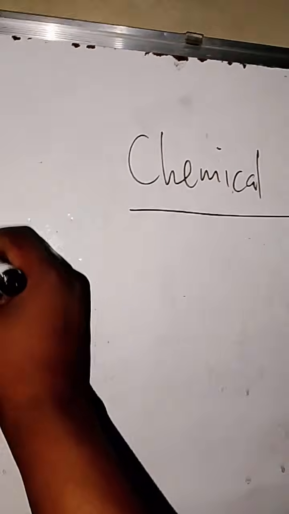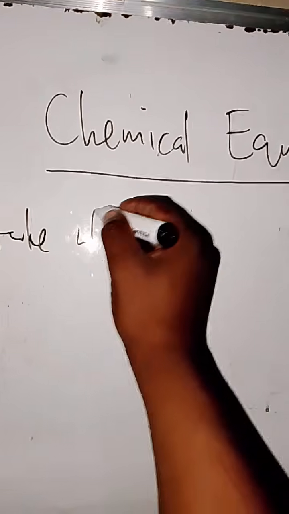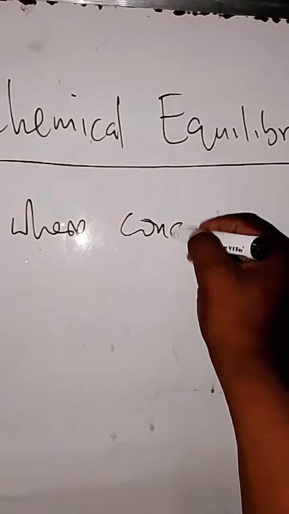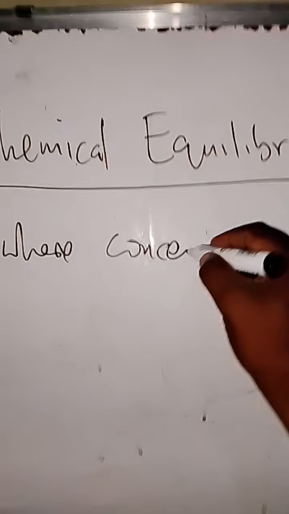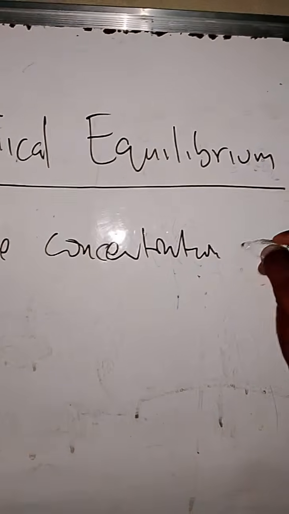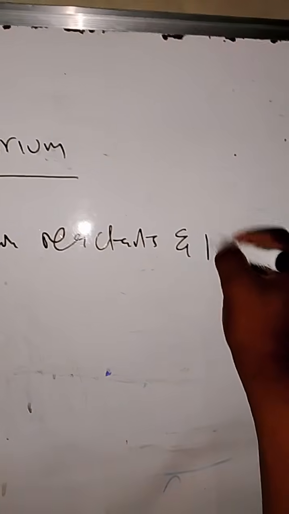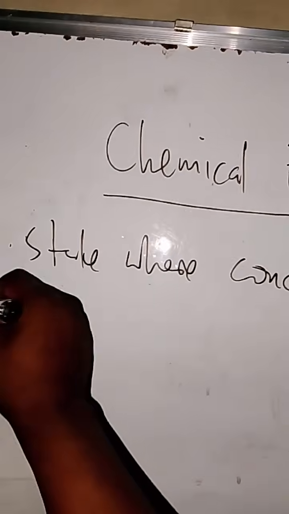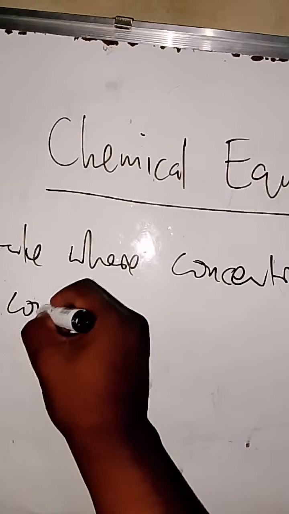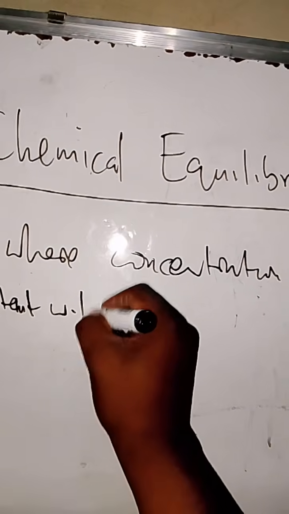Chemical equilibrium, the state, we can define it as the state where the concentration of reactants and products remain constant with time.